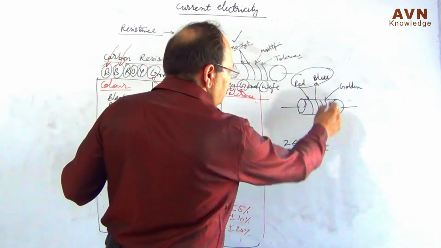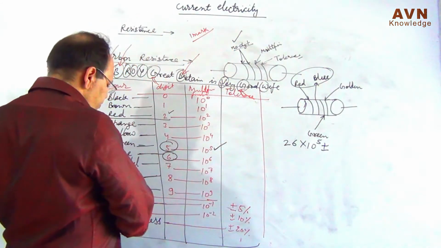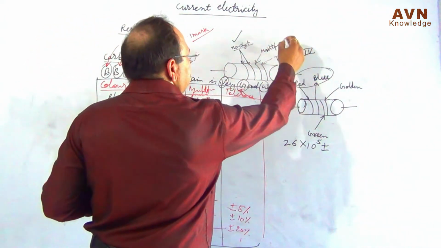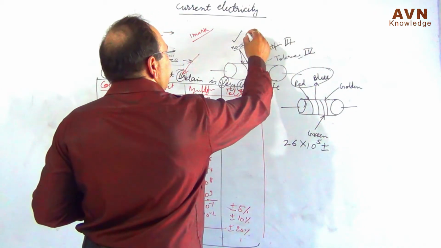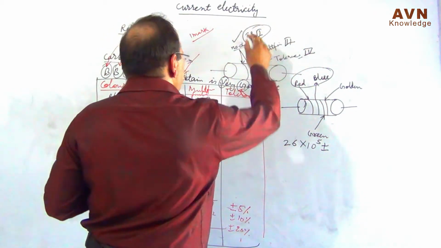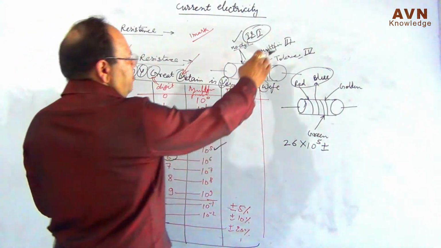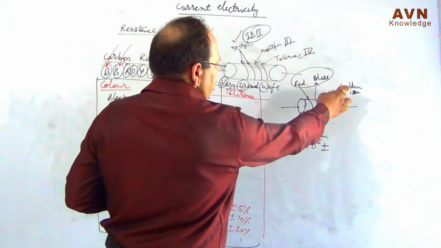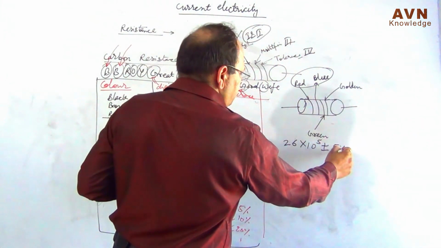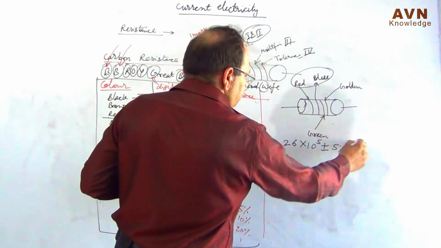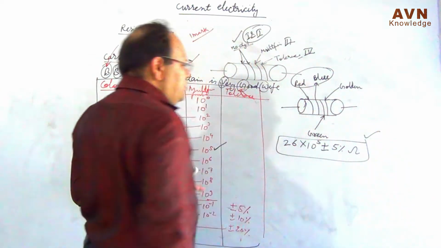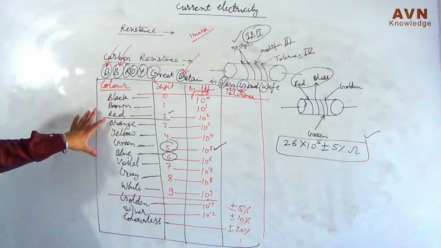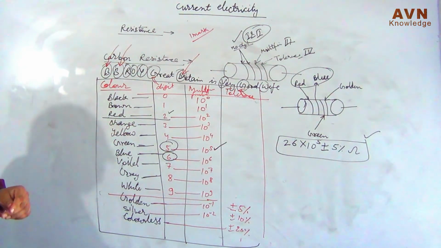The last strip is golden, which is for tolerance, the fourth strip. The first and second strips give the digits, the third is the multiplier factor, and the last is tolerance, which is plus minus 5%, and this is the answer. So you can solve these questions by this table form. We take another example.